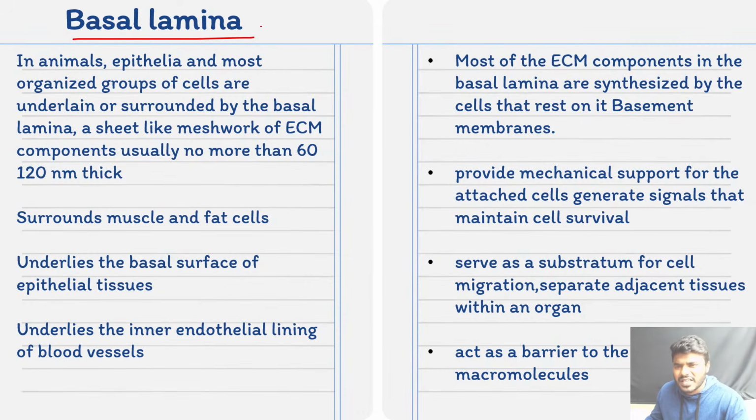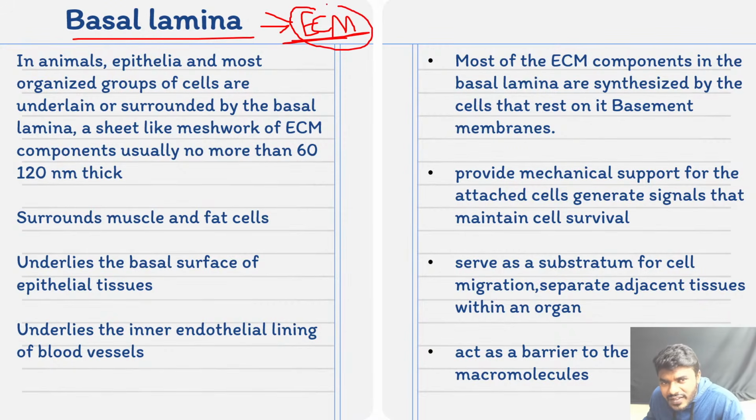Now you can ask me, ECM or basal lamina, is it the same? Don't get confused here. I want you to understand that most of the extracellular matrix components are located in the basal lamina. So ECM and basal lamina are the same. Don't get confused. It will be present on every cell, friends, every cell.